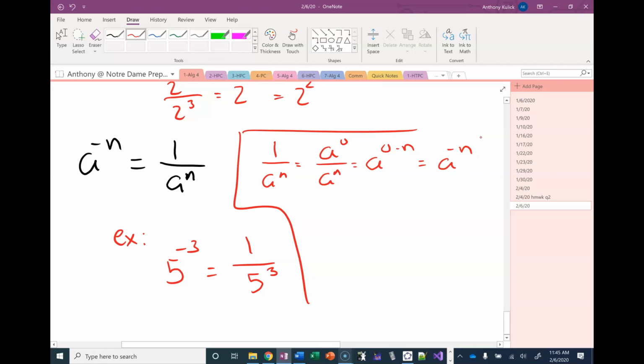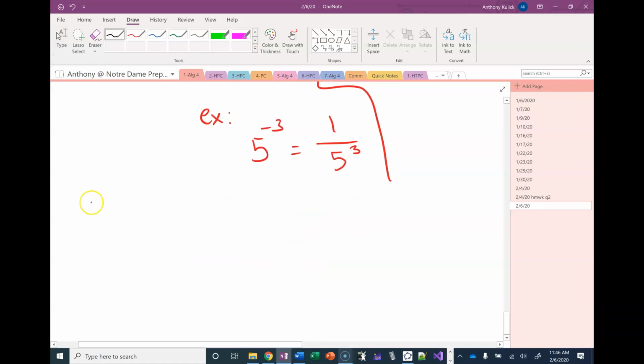So that's why the negative exponent is making a fraction, right? Maybe not super obvious why that's happening initially, but that's what's going on there. Okay. Does everybody feel okay about these properties here?